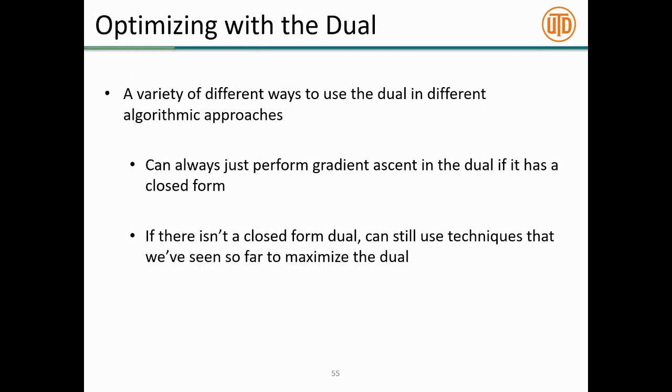Now, remember that the dual problem is always a maximization problem. So technically, you would be performing gradient ascent in the dual problem. That's equivalent to taking the objective function in the dual, negating it, and performing gradient descent.